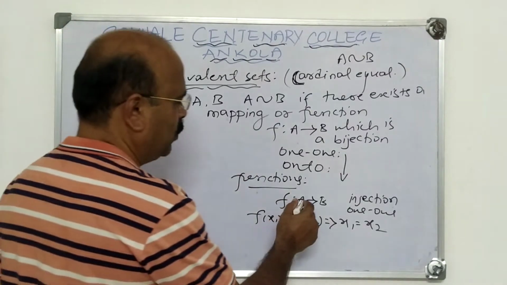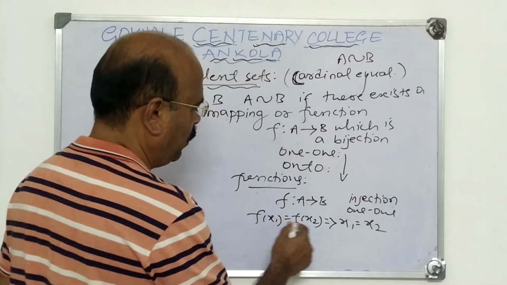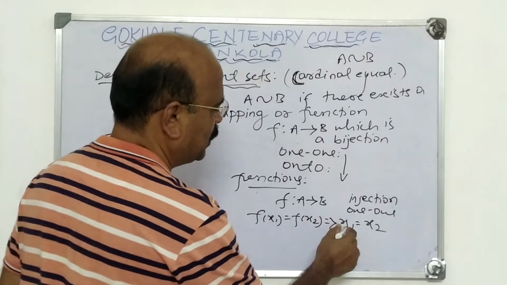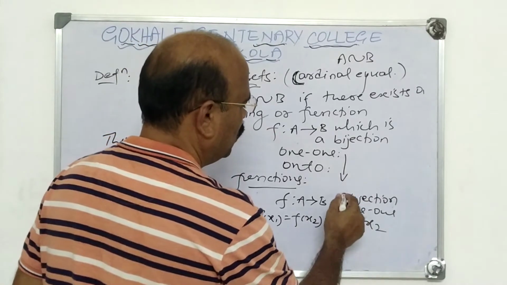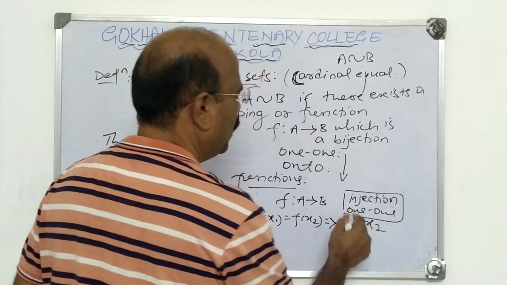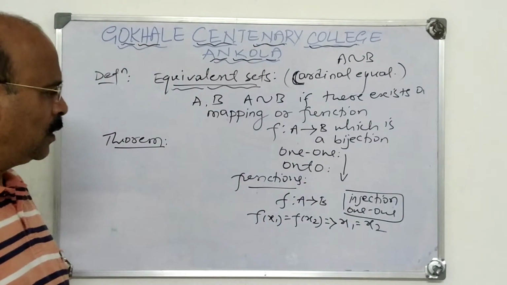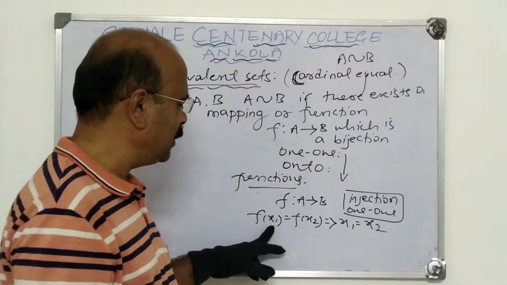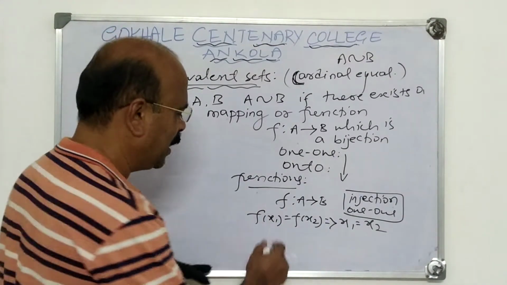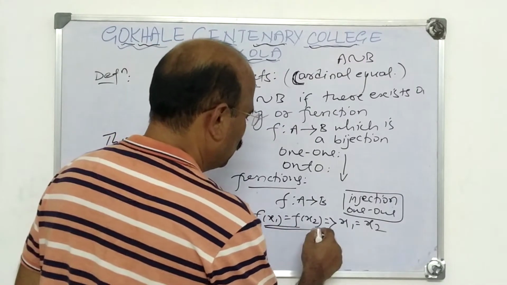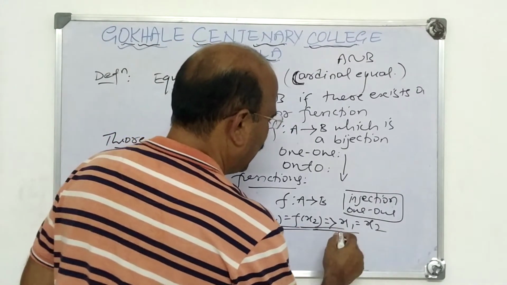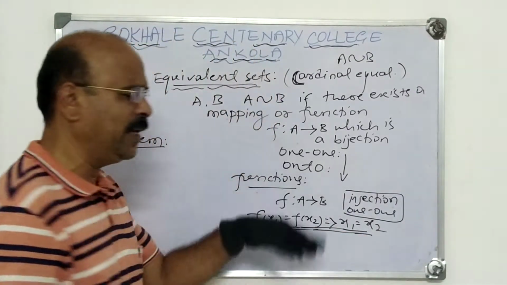Suppose x1, x2 belong to A. If f of x1 is equal to f of x2 implies x1 is equal to x2, then the function is said to be one-one. This gives that different elements have different images.